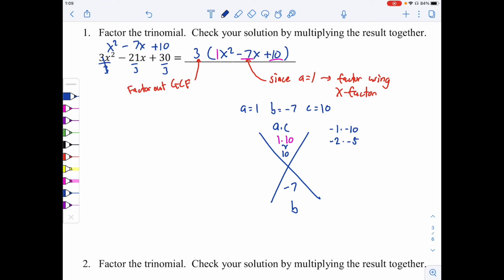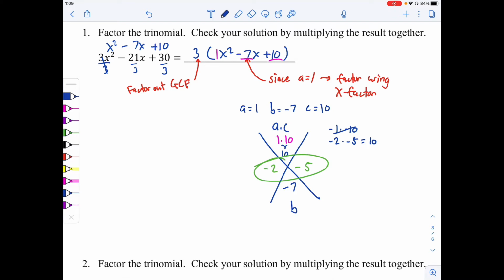So our two factors are going to be negative 2 and negative 5, because negative 2 times negative 5 is 10. That's the top number. Negative 2 plus negative 5 is negative 7. That's how we get the bottom number. So we got negative 2, negative 5.